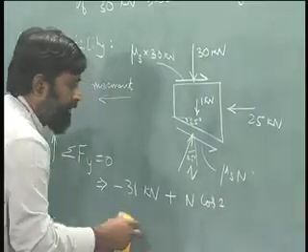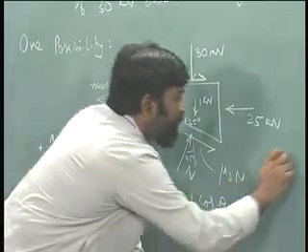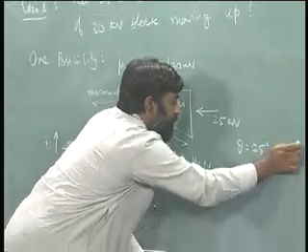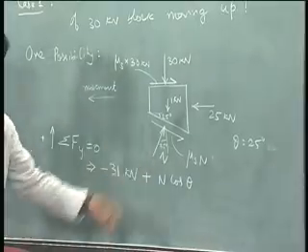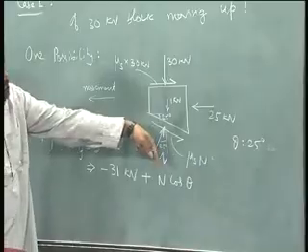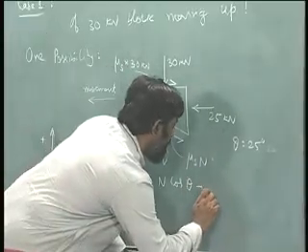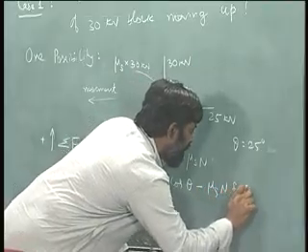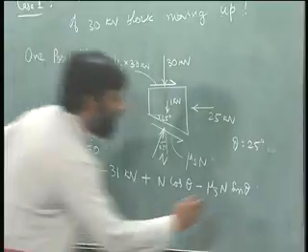Let me just assume theta first, and let us say theta is equal to 25 degrees. This will help us later, in case I have to change the angle. The direction of mu s times n is in the downward direction. So, it is minus mu s n sin theta, and that should be equal to 0.